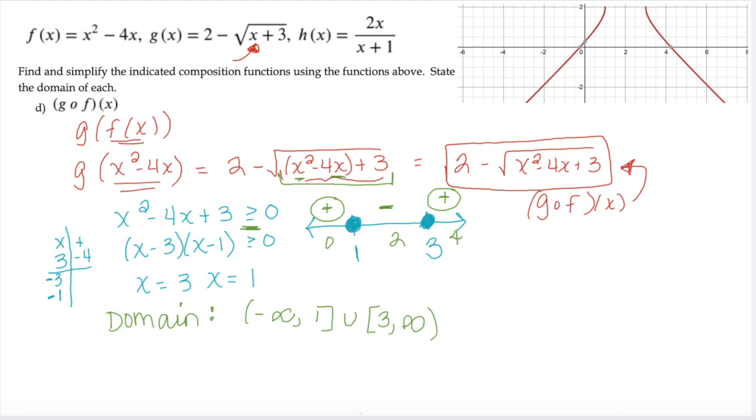3 to positive infinity. And if I were to go into my graph here and expand it a little bit, we would see that our graph is approaching 1 here, and it's going to shoot up, and then it's approaching 2 here.